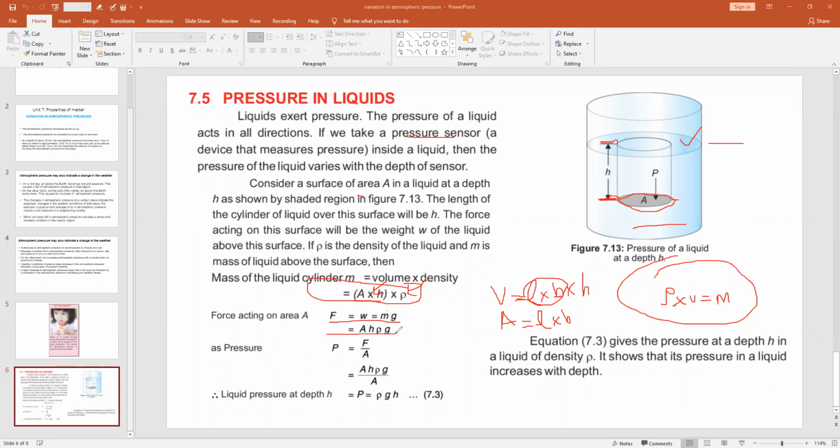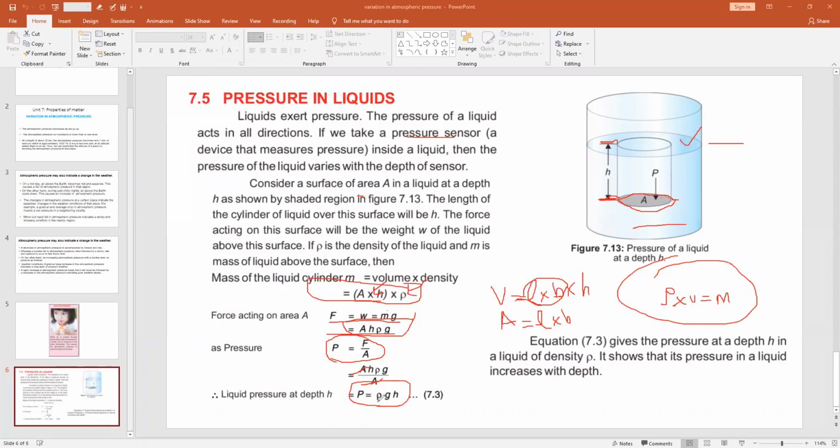As you know, the pressure will be equal to force per unit area. So this is the formula for pressure. If we put the value of F in this equation, F is equal to A H rho g, divided by A. So A will be cancelled out with this A, and we can say that the liquid pressure at a depth H is P is equal to rho gh.